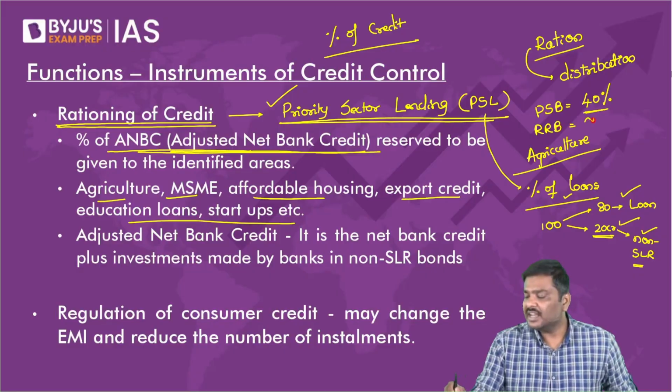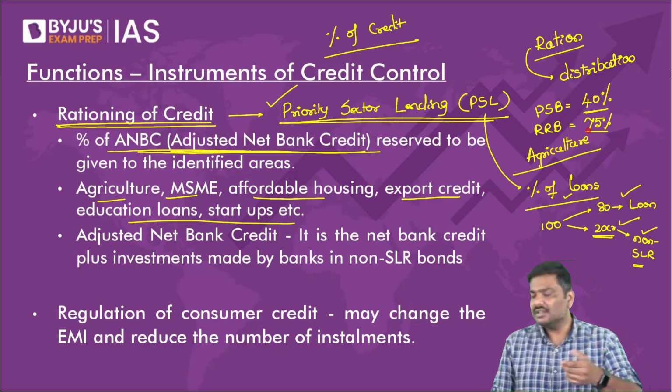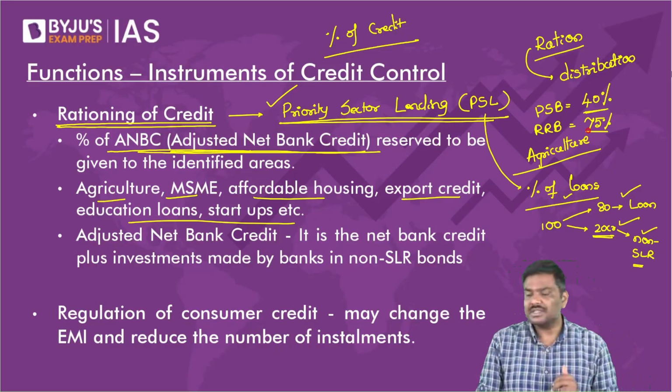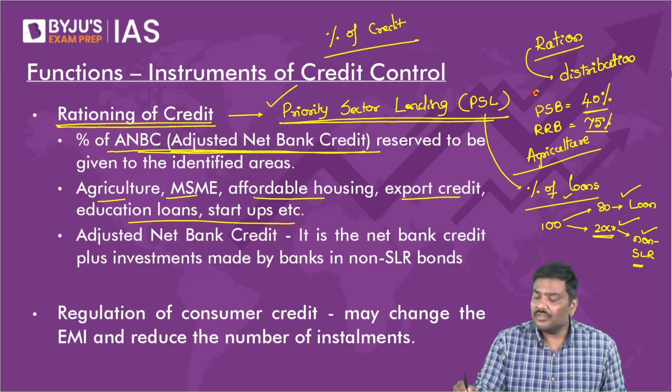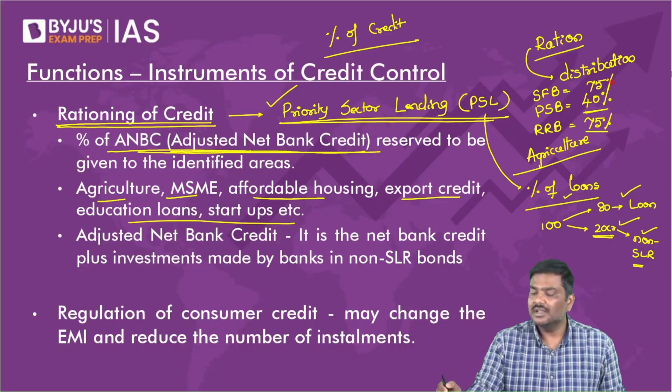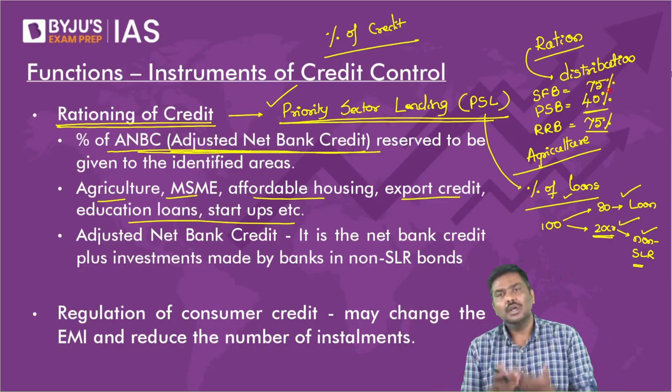For example, RRBs, regional rural banks, the PSL is set at 75%. For small finance banks, the PSL has also been set at 75%.